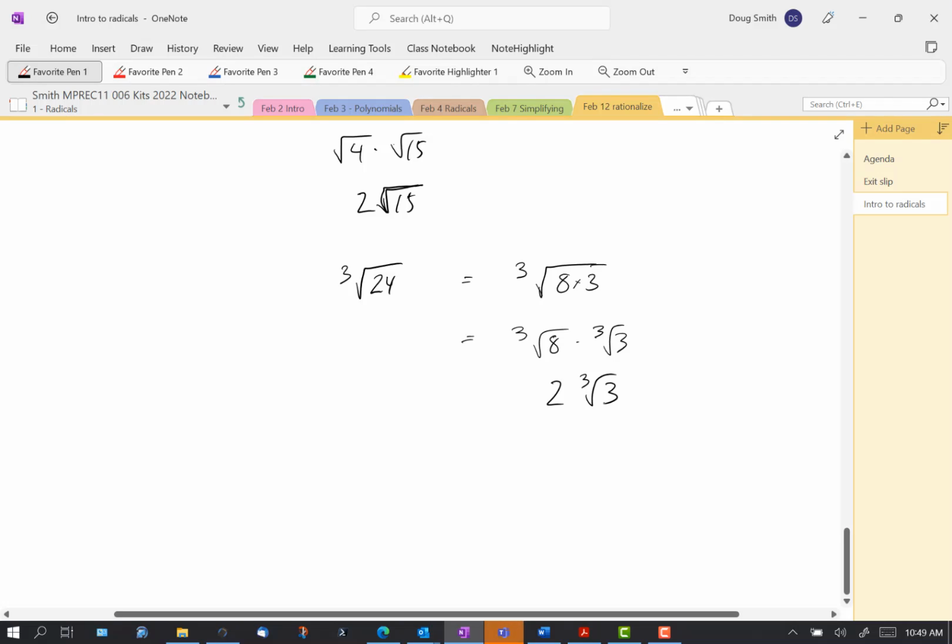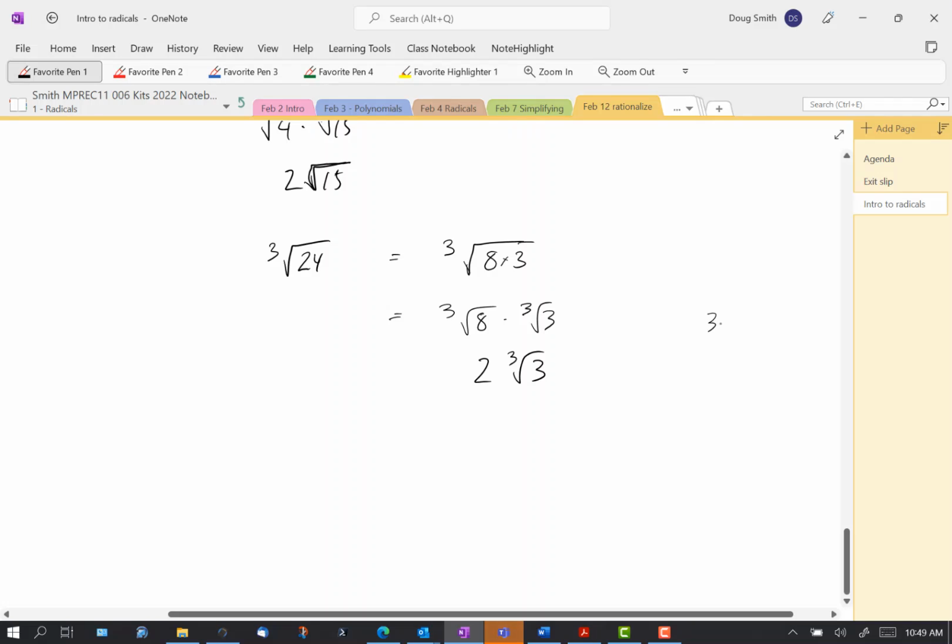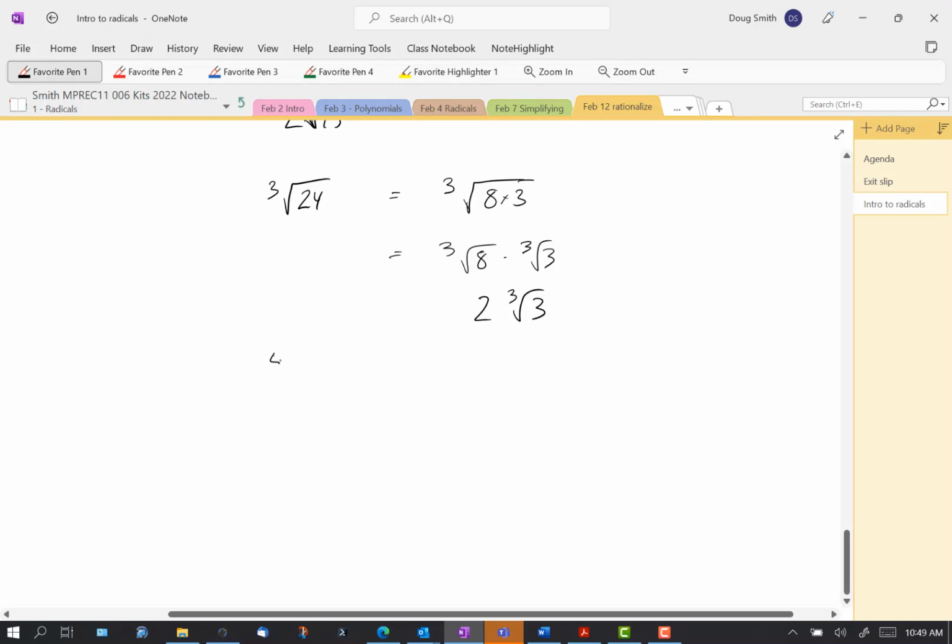You could do other ones as well. I'll have to work backwards here. So what's 3 times 3? 9. So 9 times 9 is 81. Okay, so let's think about the fourth root of 81. Well, that's made up of 3 times 3 times 3 times 3. So that's equal to 3.